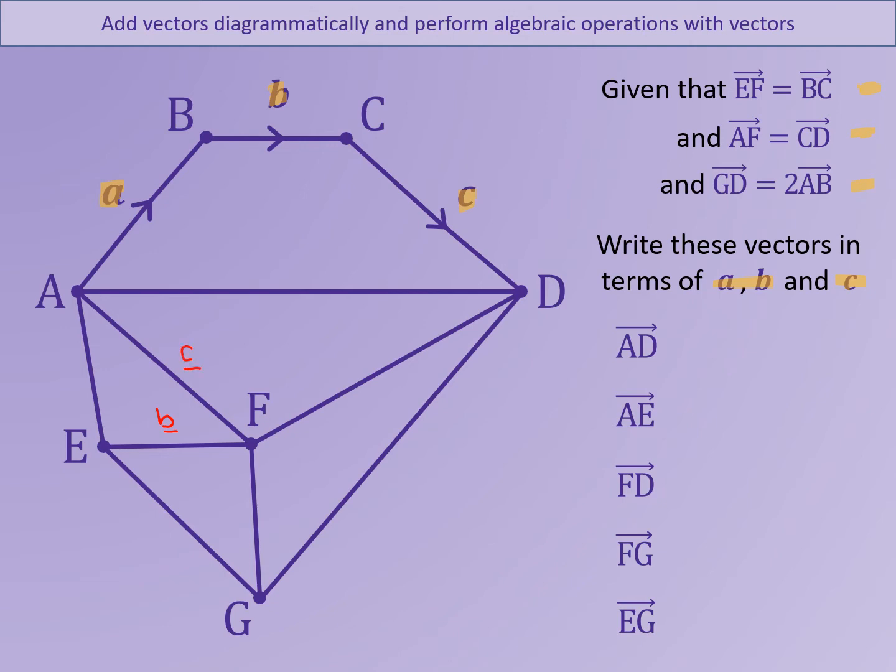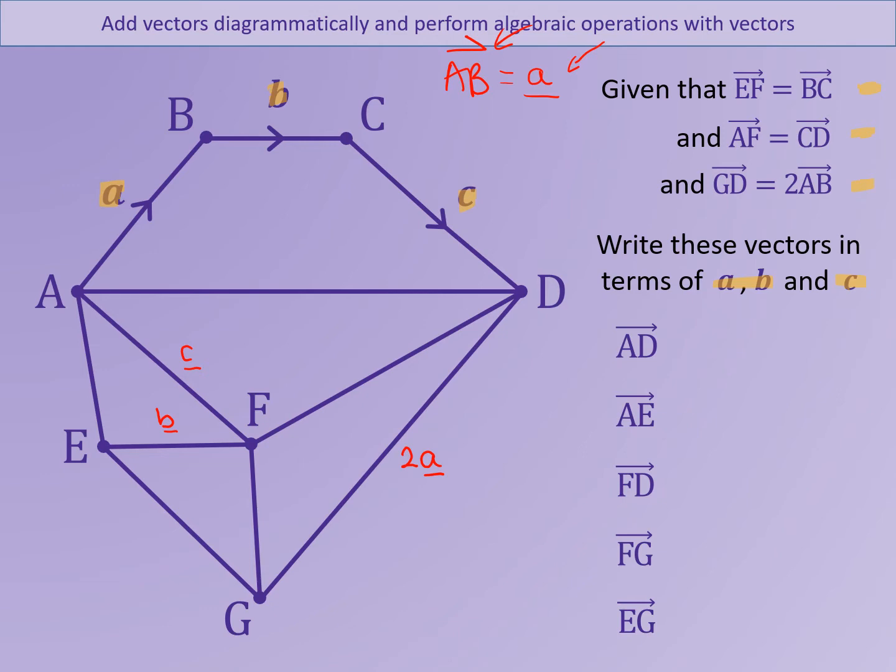And GD is equal to 2 lots of AB, so we can write 2 lots of vector A. Now this is also a common thing, where we have AB and A, these are equivalent to each other. AB on the left is telling us that we are connecting up 2 points, A to B, and the vector in between, so that's the notation of the actual line itself that we would denote with the A with the underscore.